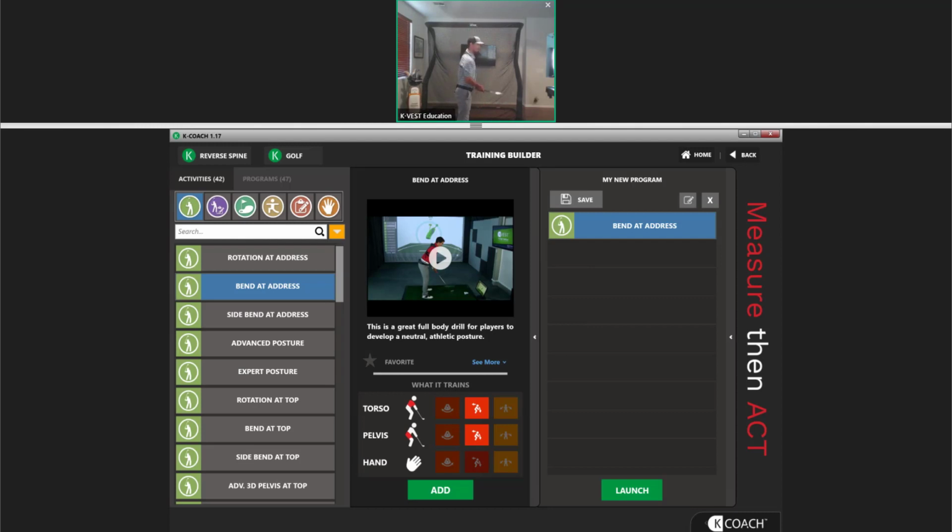So bend at address is really important to be able to get that player to have more of a hip hinge, neutral upper body, instead of an S posture where when they take the club away, they have to go into that extension because they've got more of a head start from when they were at address.